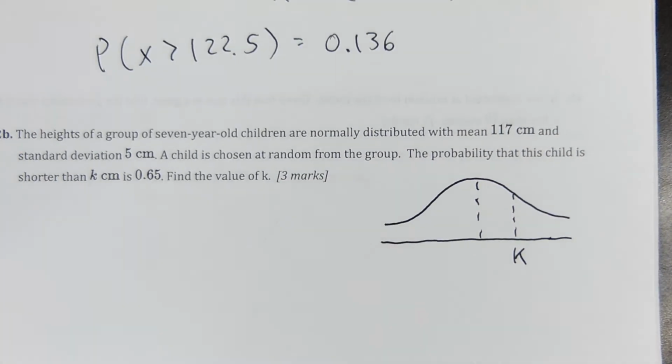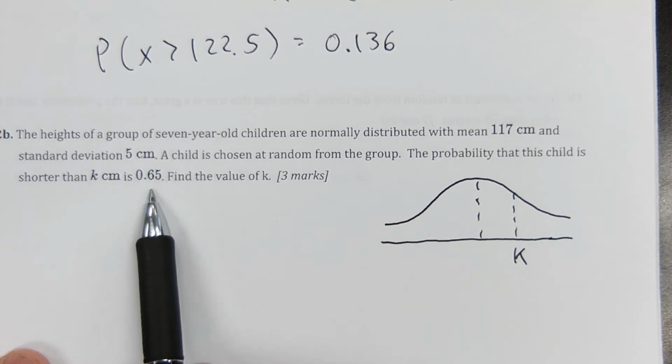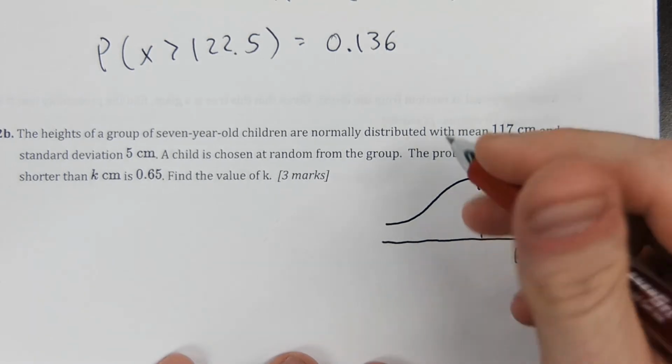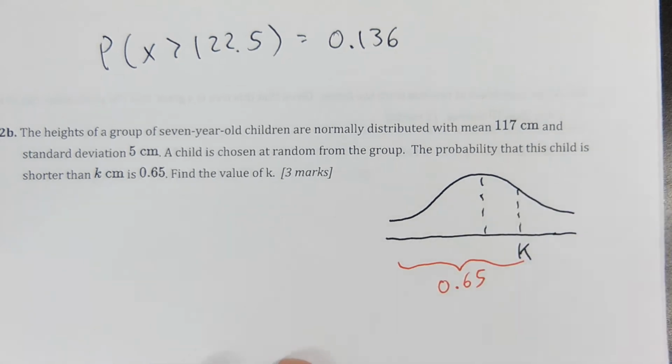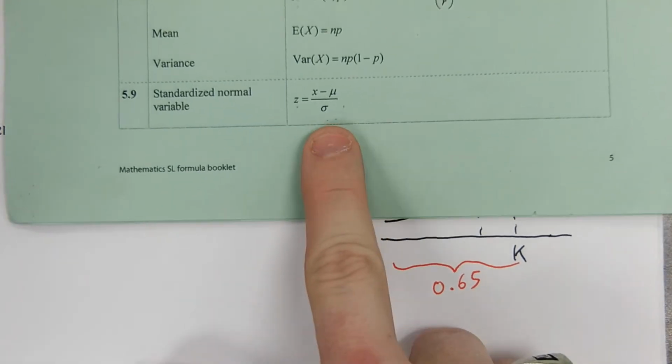We know it's to the right of the mean because this number is bigger than 0.5. In fact, it's 0.15 bigger than 0.5. All we need to do is use this thing again.